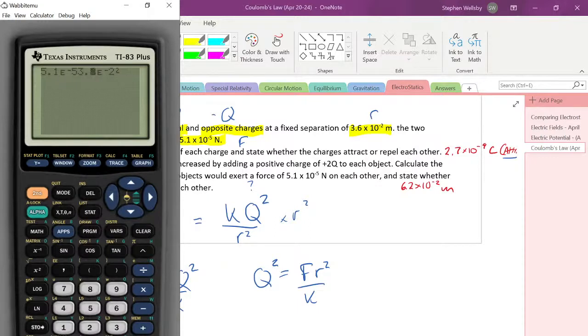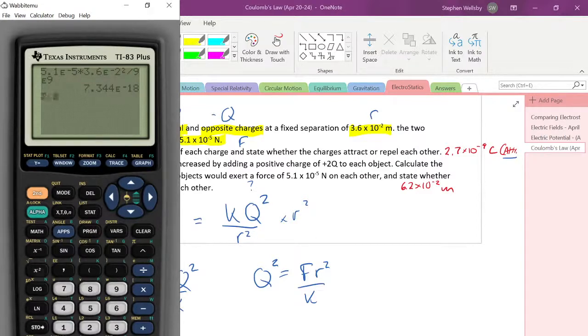Sorry, I forgot to square there. Okay, so times 3.6 times 10 to the minus 2, squared, and we're going to divide that by 9 times 10 to the power of 9. And that's going to be our answer for Q squared.